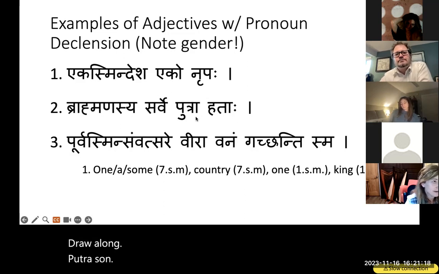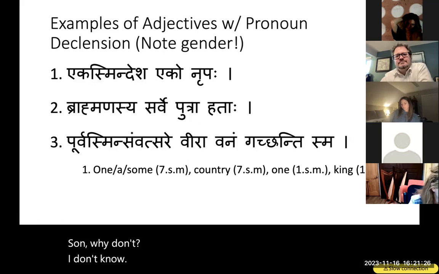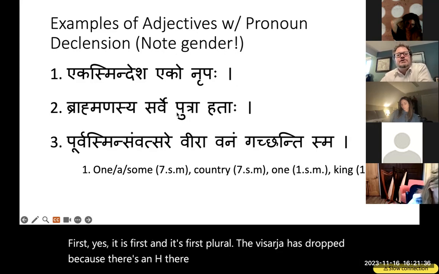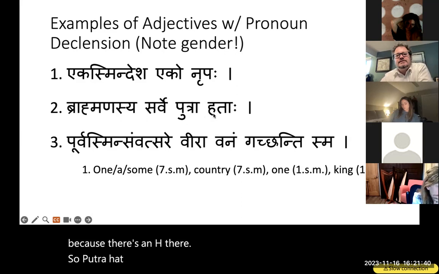It is first, and it's first plural. The visarga has dropped because there's an H there. So putra hataha, sons who are slain.